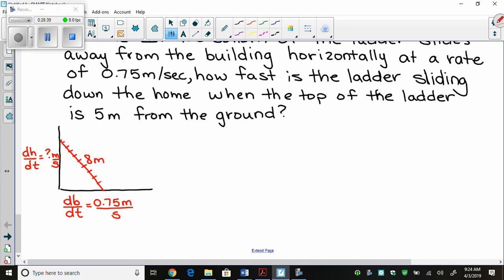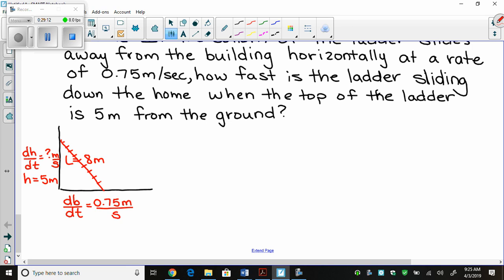When the top of the ladder is 5 meters from the ground, what did they give me? And then we could call this the ladder. So we could say L equals 8 meters. So we have 3 sides. What formula could we use? Pythagorean theorem, right?